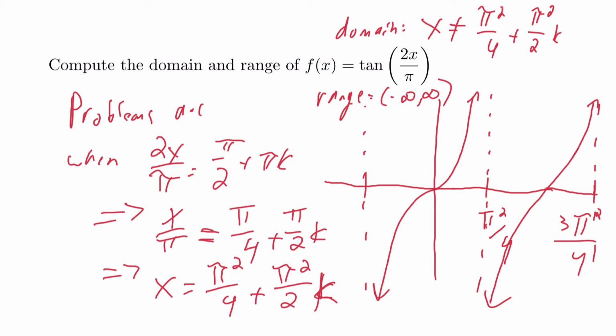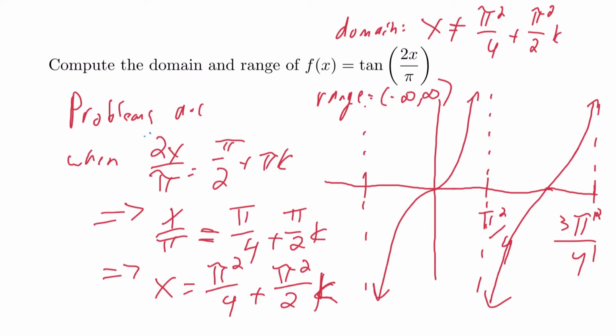So when you're given trig functions where you've modified the argument somehow, where you've replaced x with x times something, to find out how this affects the domain, just solve this type of algebraic equation. I wanted to find out when 2x over pi was going to be equal to one of my bad points. So I just solved for x, which was a little tricky. I had to multiply by and divide by 2.